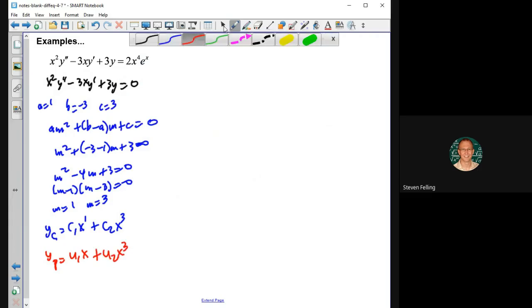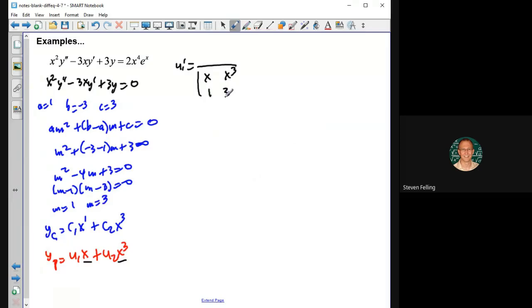And we'll use our methods here that u1 prime is equal to the Wronskian using these functions. So that would be x, x cubed, 1, 3x squared, right? And then on the top, we're going to have to leave this column alone, x cubed, 3x squared, 0, and then we have to replace with the right hand side. But you got to be really careful here because, right, it's not this.